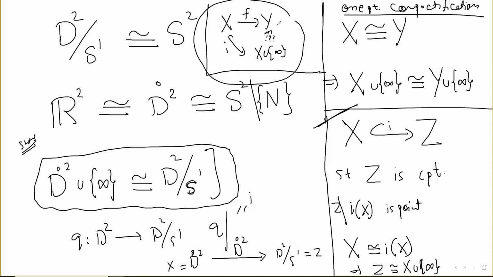Maybe Y has to be... no, Y doesn't have to be compact. But the point is that not every continuous map can be extended, and that's why one-point compactification is lacking in that place. That is why we have something called Stone-Čech compactification. That's much more involved. There, all the continuous maps can be extended, provided, of course, that this is a compact space. Since it's not in the context right now, we can do it later.